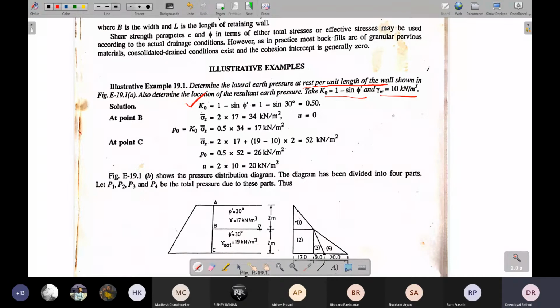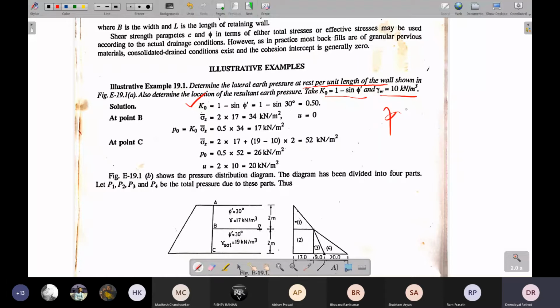Phi should be given; it should be 30, because they forgot to mention it, I think.